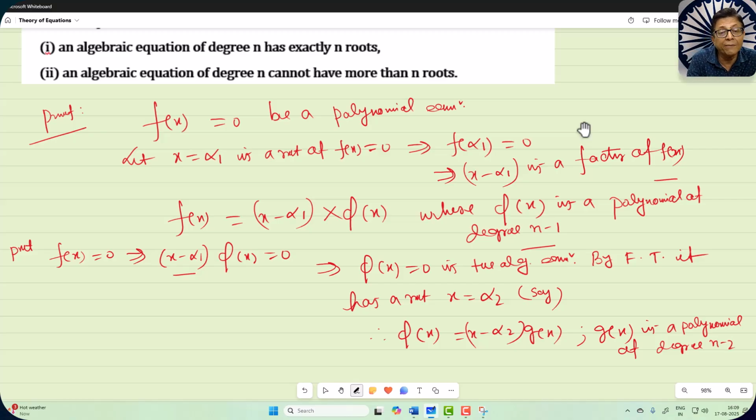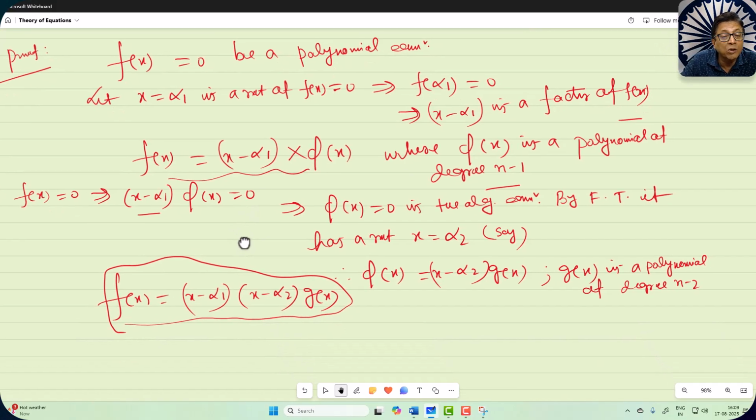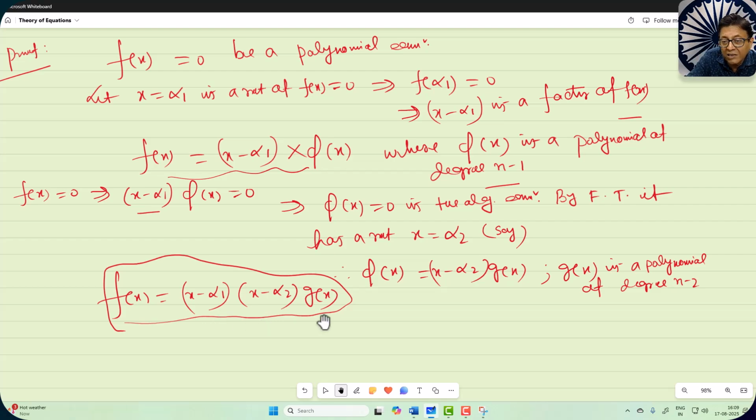Now, what happened to that f(x) we started with? f(x) is now (x minus alpha 1)(x minus alpha 2) into g(x). So, what you have done? You have expressed f(x) as a product of these two factors and g(x), whose degree is n minus 2. Now, if you equate this to 0, then g(x) has at least one root. Let it be alpha 3, and it continues in this manner. How long will it continue? This one has degree n minus 2.